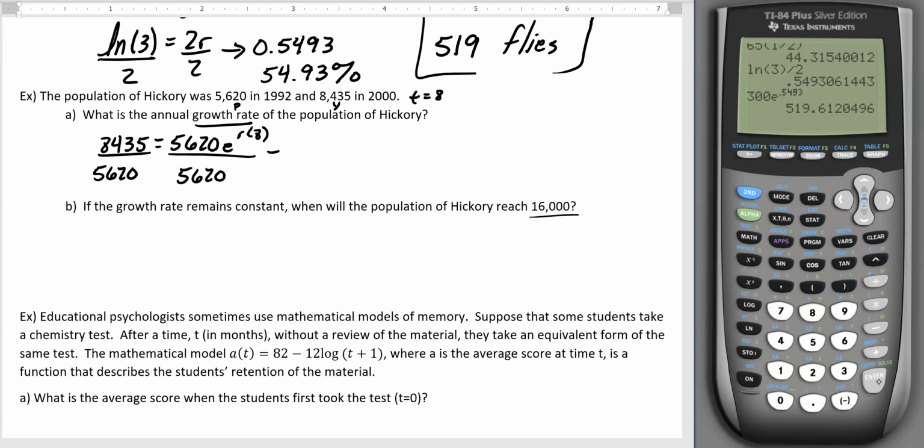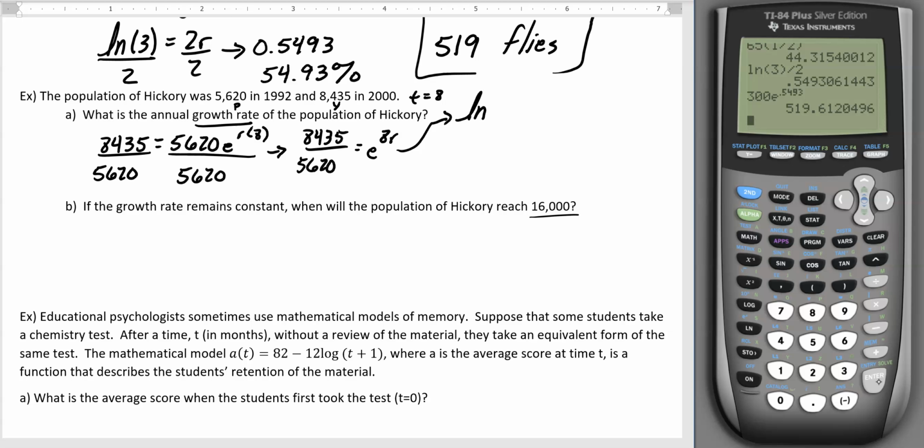2, 0. When I do that, and notice I'm not going to actually do this math in my calculator yet. Remember, we should only do the math one time. So I'd say 8435 over 5,620 equals e to the 8r. That I can turn into a natural log.